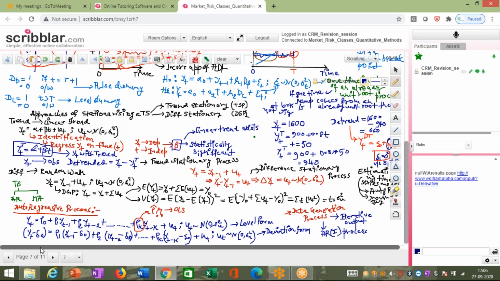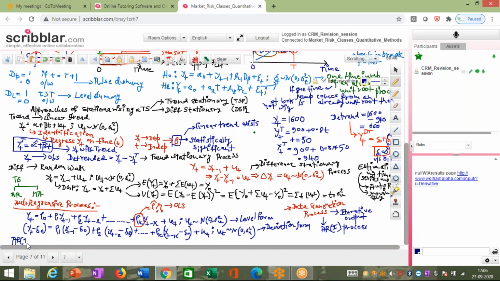The first thing is that we need to specify an AR1 process. By that I mean I need to mathematically define the AR1 process first. So how does this AR1 process look like? The AR1 process looks like the following.